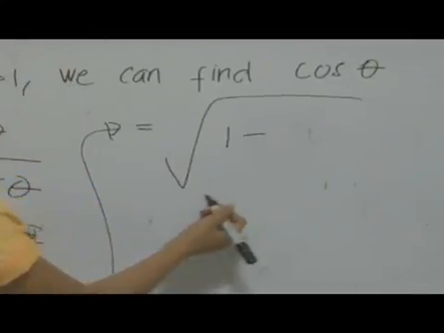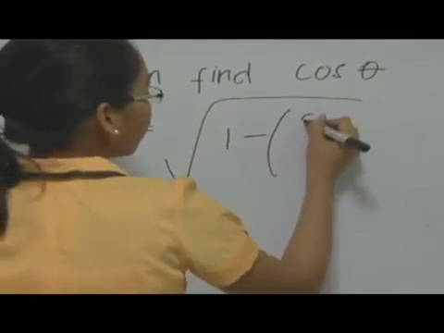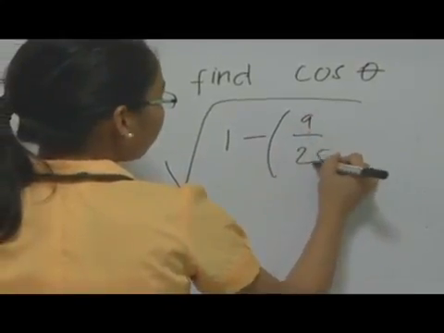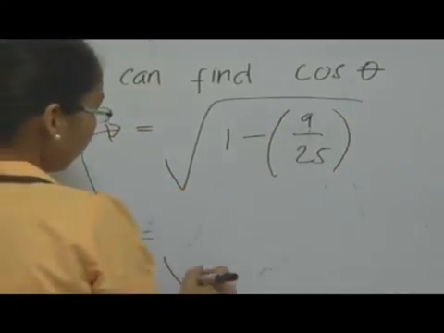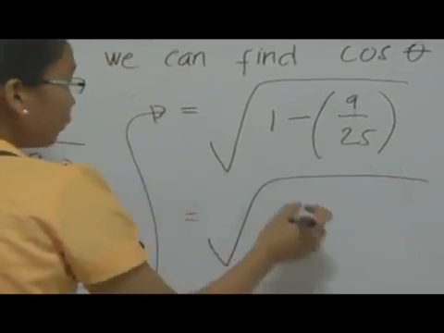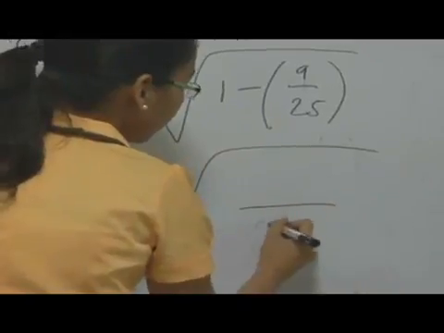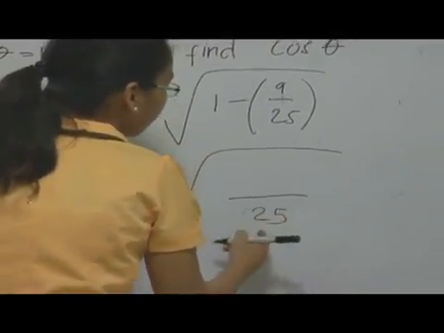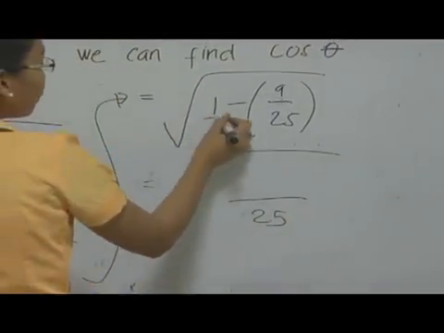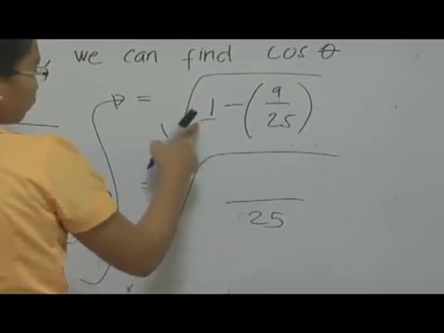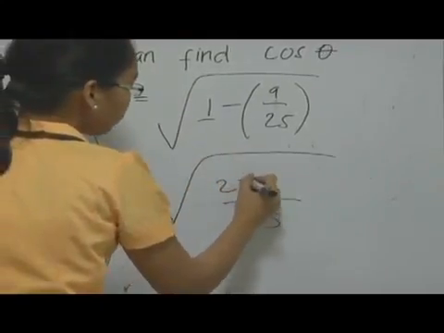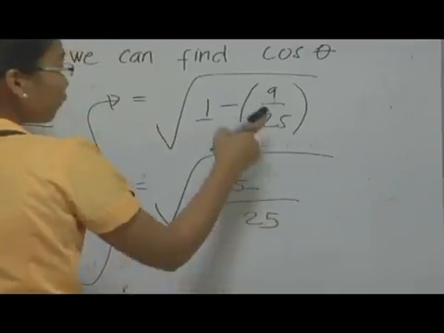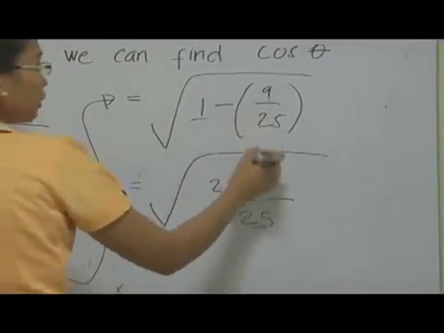1 minus 9 over 25. 25 divided by the denominator 1 is 1 times 1 is equal to 25, minus 25 divided by 5 is 1 times 9.